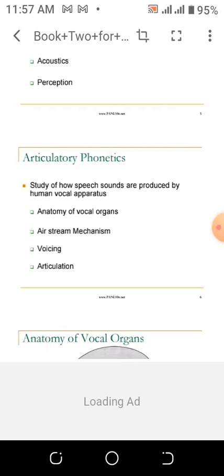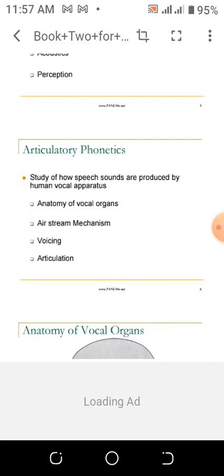Articulatory phonetics is defined as the anatomy of the vocal organs. It means this is a type of medical side. Anatomy is the study of the human body, and through this study we describe how sounds are generated, where they are formed and how they are formed.